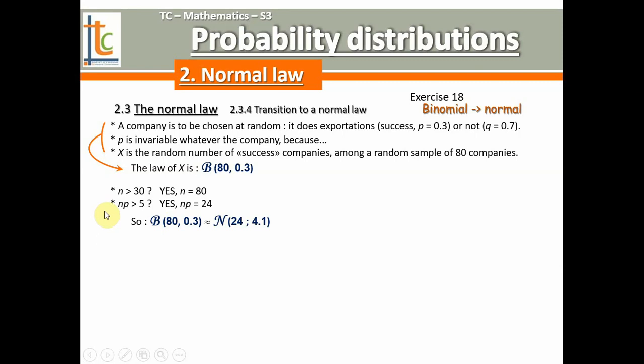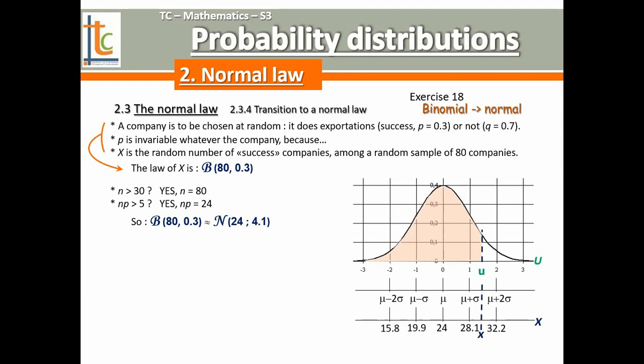So yes, the normal law could be a good approximation to the binomial law that is here, with the parameters n times p for the mean and the square root of n times p times q for the standard deviation. So n times p times q is 24 times 0.7, that is 16.8, and the square root of 16.8 is indeed approximately 4.1.